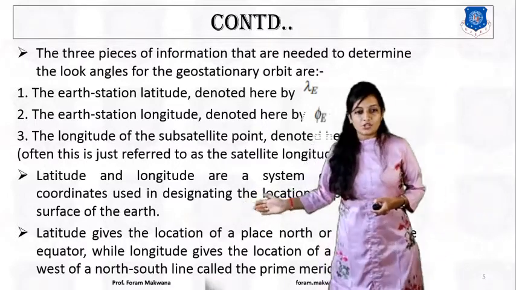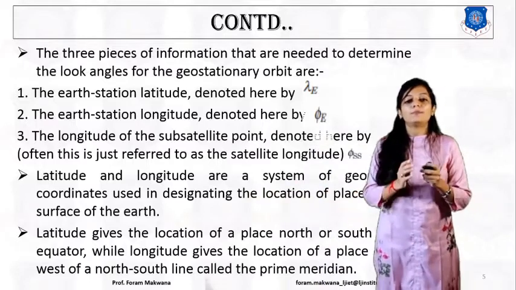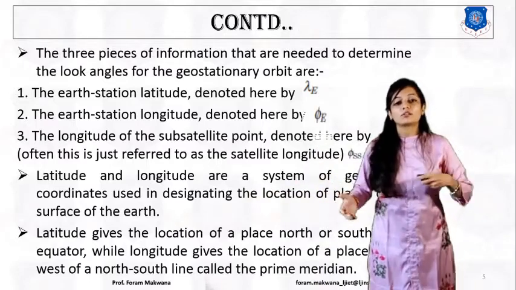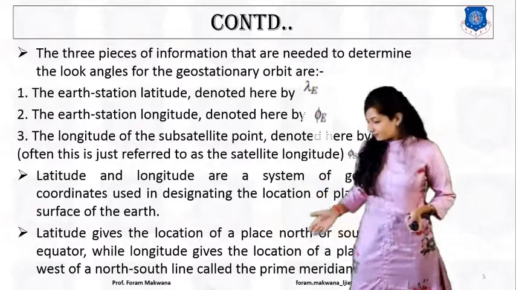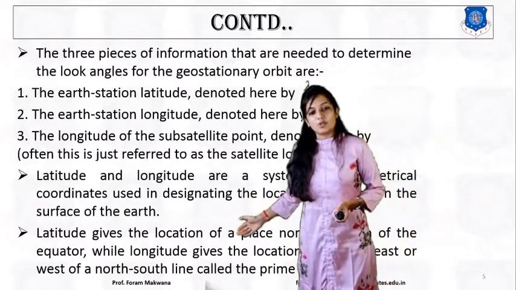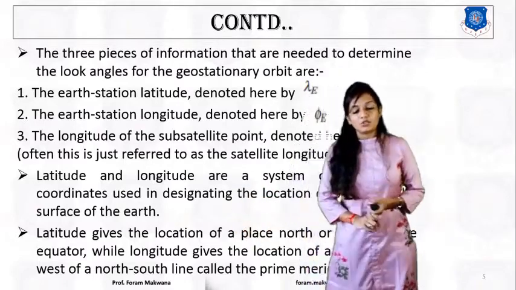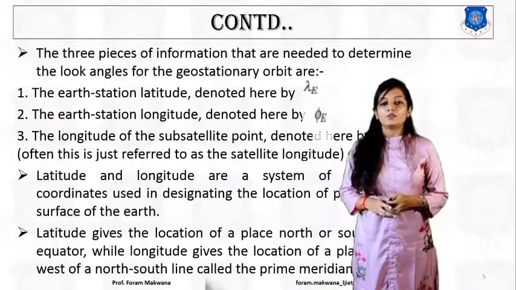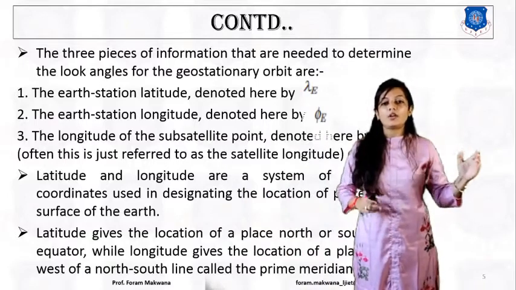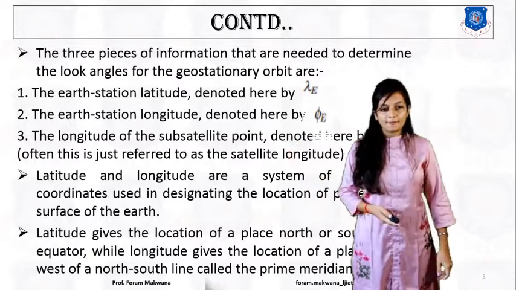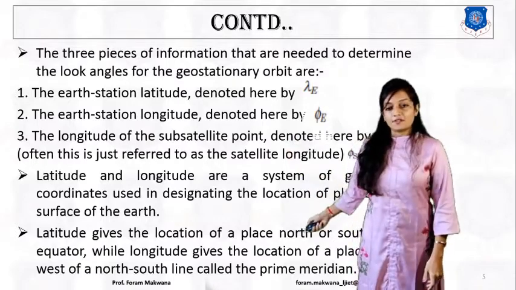Latitude gives the information regarding the location of the place, whether it is on the north side or the south side. And longitude gives the information regarding the position, whether it is on the east side or the west side, based on the reference called the prime meridian.